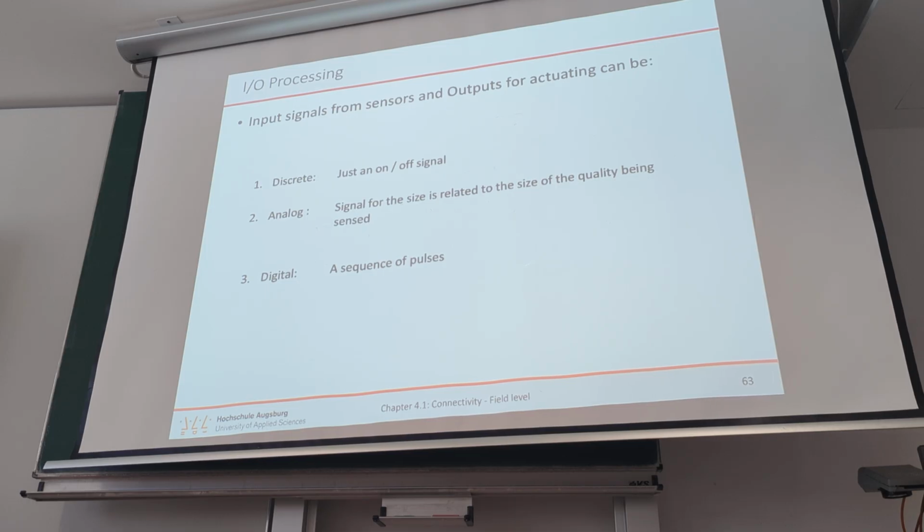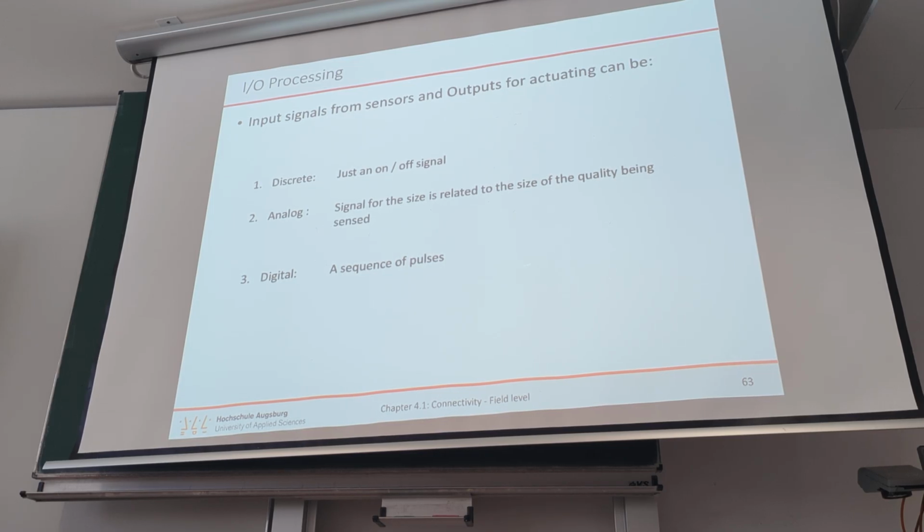Then we have analog signals, where we get a signal related to the size of the quantity sensor. That means basically you get an analog signal, for example, 0 to 10 volts, that we somehow match to a temperature range, for example.